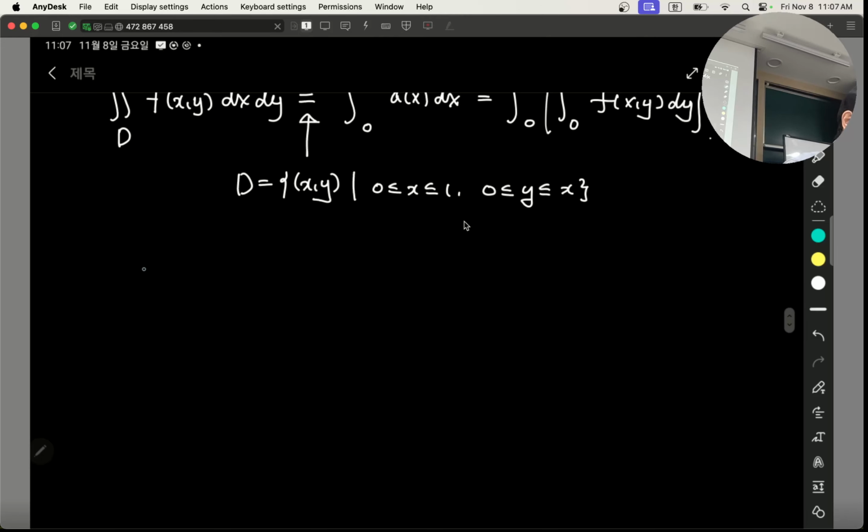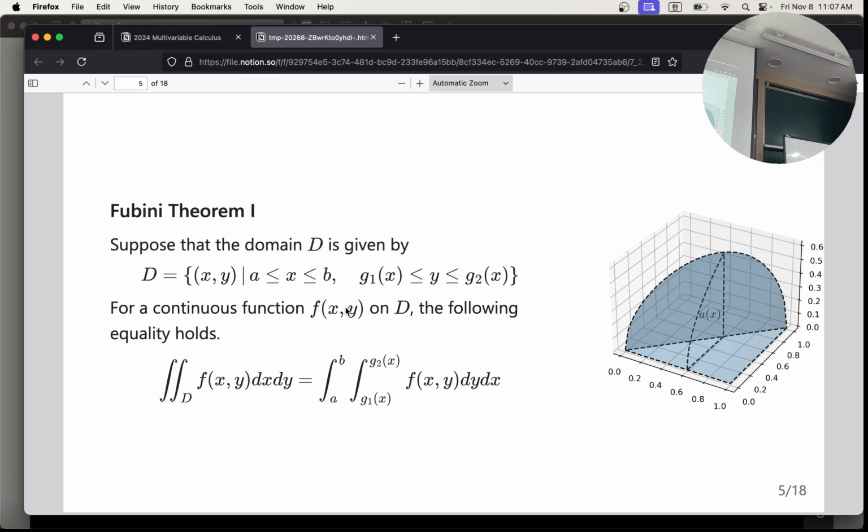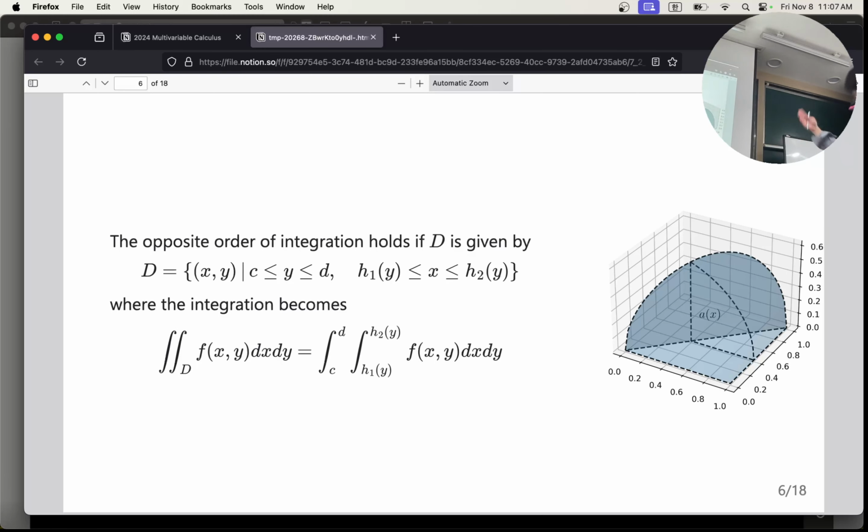Now, let's do it the opposite way. Let me show you the picture again. Here, the second picture is taking the slice in the opposite direction. In this case, your y is moving from 0 to 1. But x is now bounded from where?